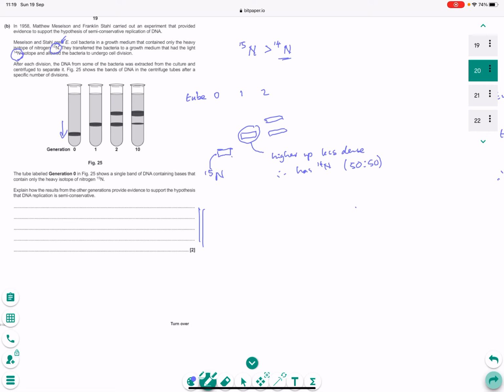How do we know that? Because higher up again, higher still, you've got two bands. That band is pure nitrogen-14, which is why it's higher than this one, which is a hybrid between this and this.